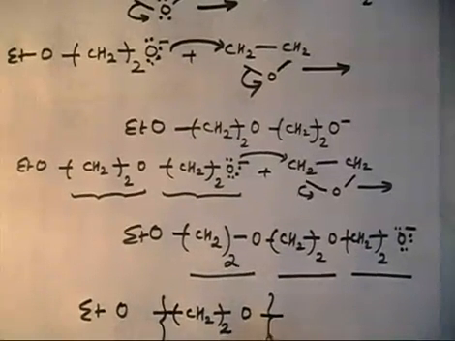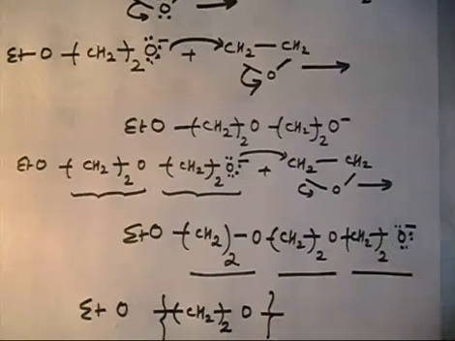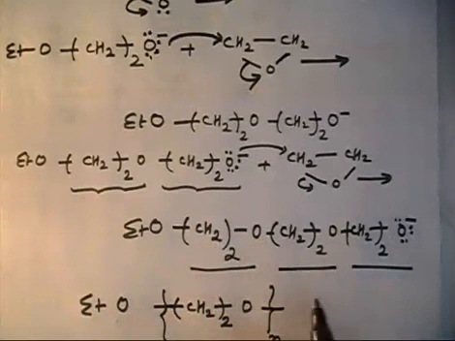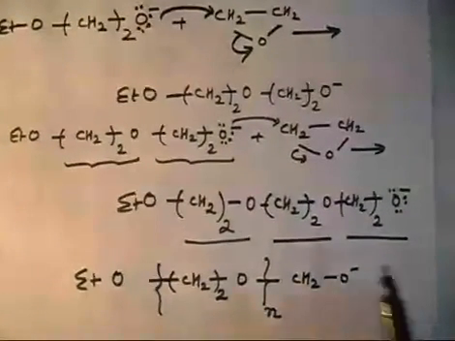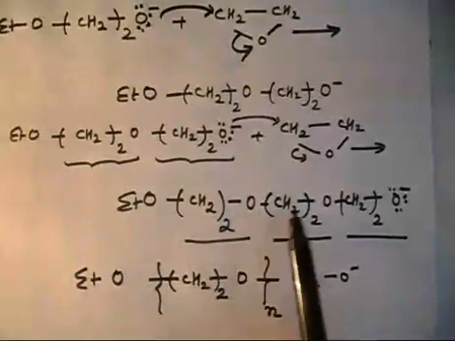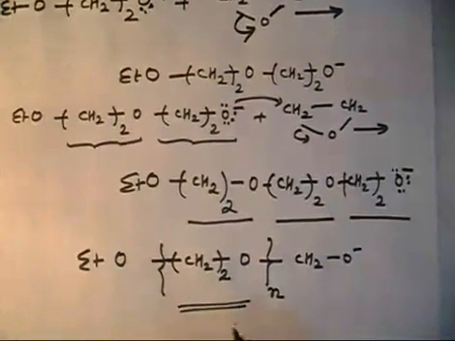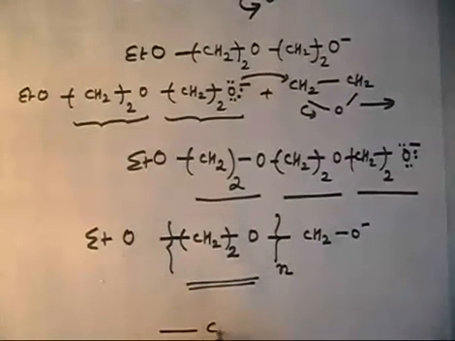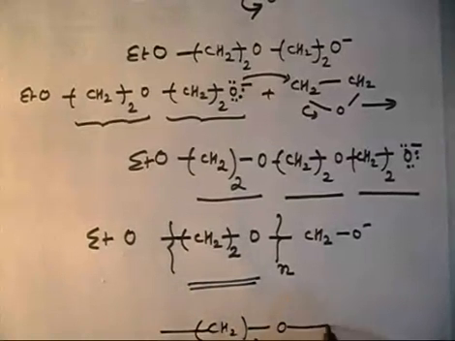The oxygen will attack further and the same thing keeps going on, finally ending with O minus. If you want to write this polymer, you can simply abbreviate it as CH2 whole twice O, and then N. So this is the polymer.